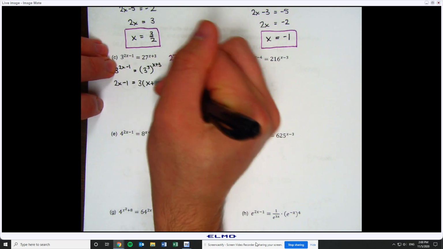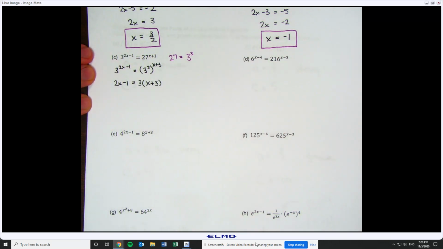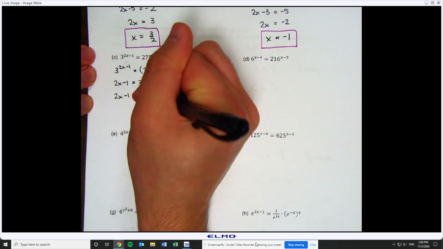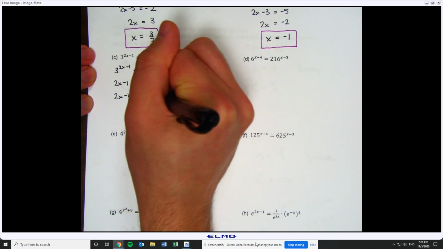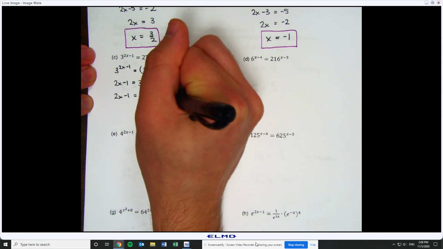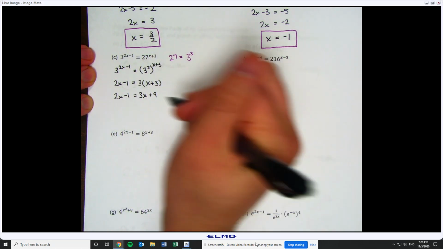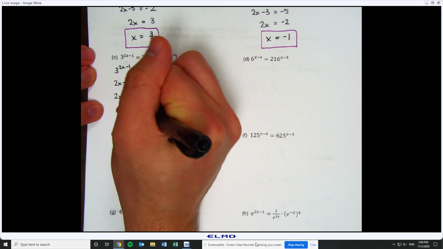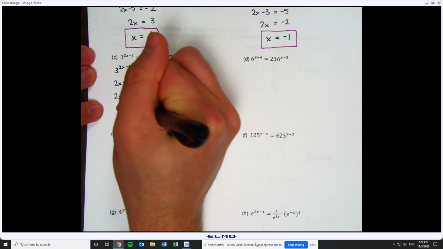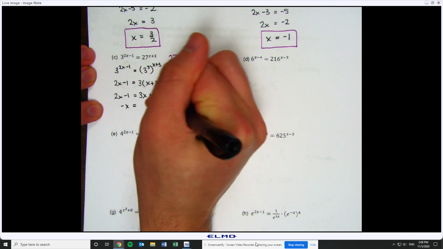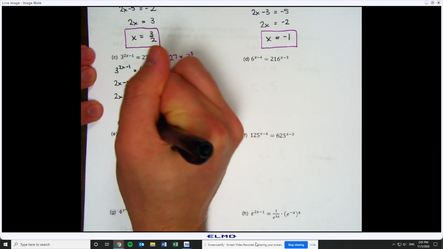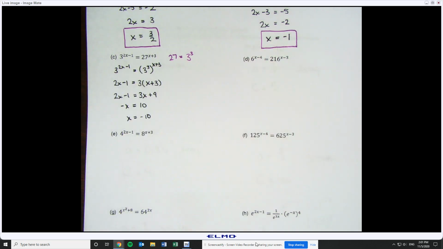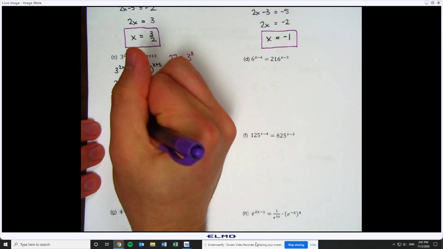All right, now all I got to do from this point is solve an algebra 1 problem. I distribute my 3, so that's 3x plus 9. I can subtract the 3 over. That gives me negative x equals, add that, gives me 10. Divide by the negative, I get x equals negative 10. All done.